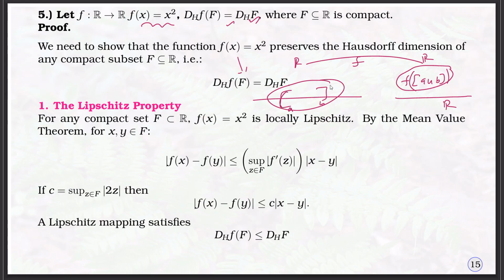Here I am taking the closed interval a comma b. For any compact set E contained in R, f of x equal to x square is locally Lipschitz. On this interval it is Lipschitz.